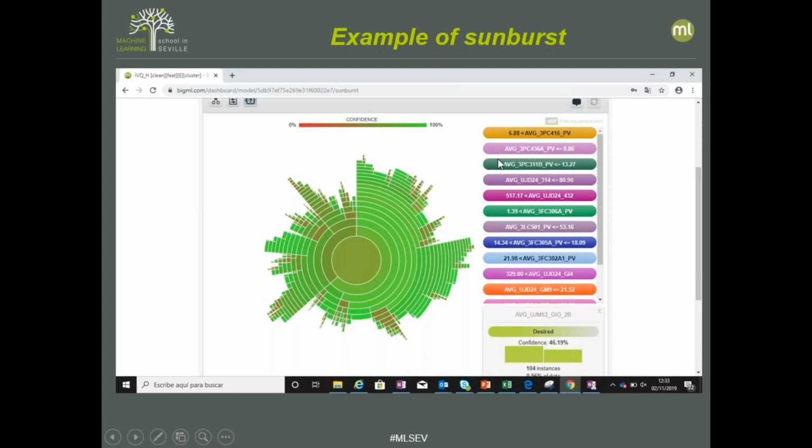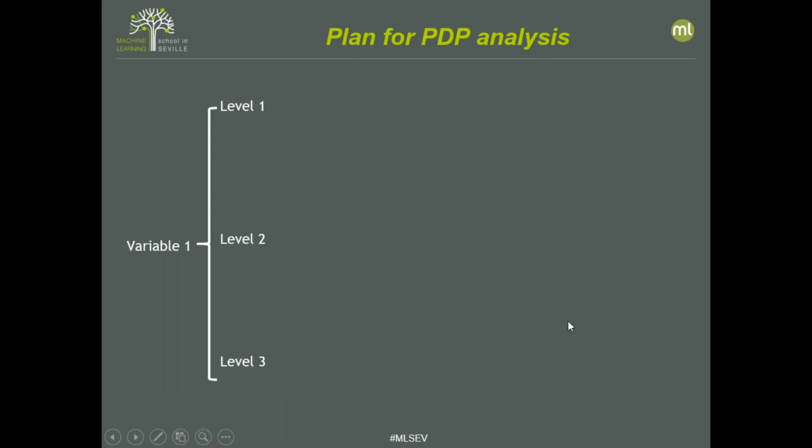This is a view of the sunburst that shows, for the very few positive results, what are the conditions that could lead to a desired value. But again, we prefer to go to a PDP analysis in the way that I will explain.